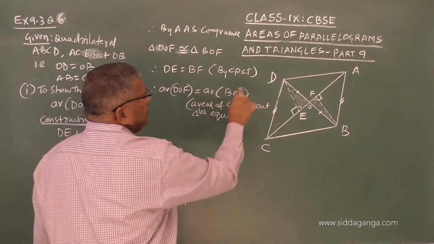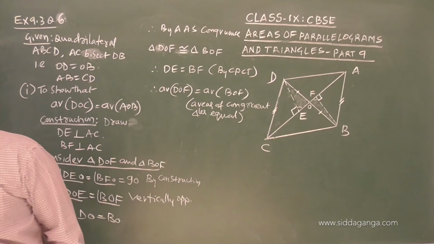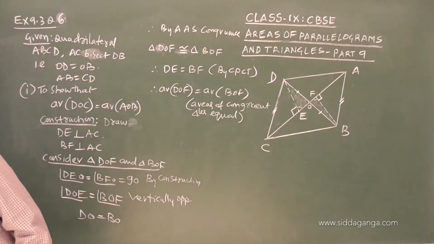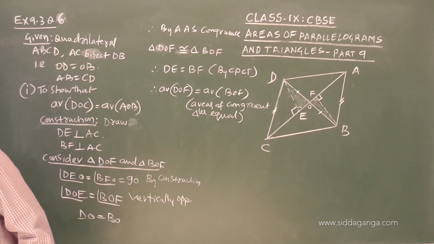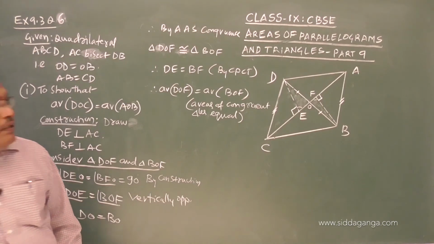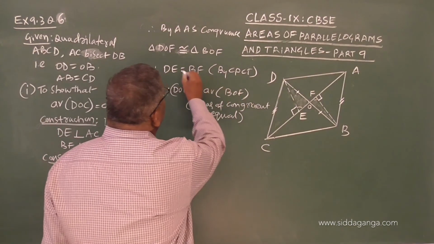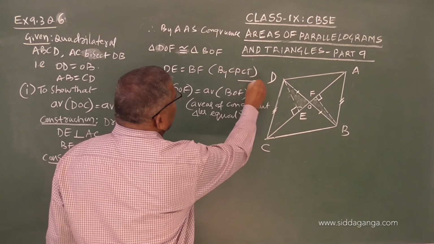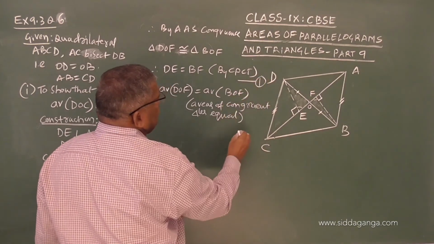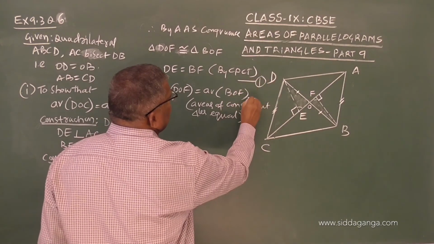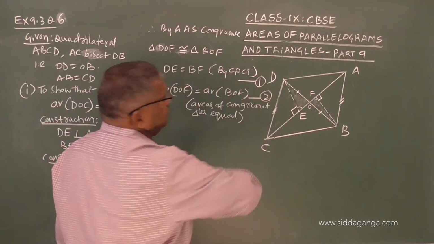So, that is why we got that result. Now, these two results keep in mind. DE is equal to BF, you can call this as equation 1 and this as equation 2.